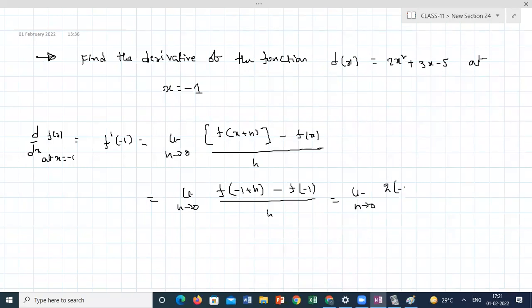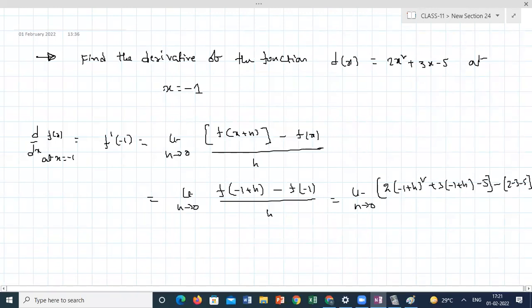So limit h tends to 0. How do you write? 2 into minus 1 plus h whole square plus 3 into minus 1 plus h minus 5, minus, if I'm substituting minus 1 in that, 2 minus 3 minus 5, correct? 2 minus 3 minus 5 divided by h. What is your answer?